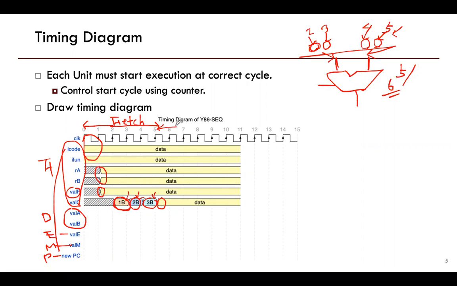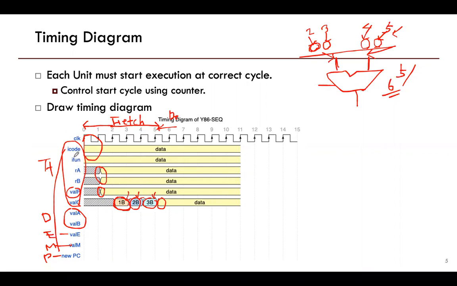Okay, and next it could be the decoding unit, or the decoding unit can be overlapped with the fetch unit. As long as all the inputs to the decoding stage are ready, it can start. The decoding unit just needs rA, rB, and icode.